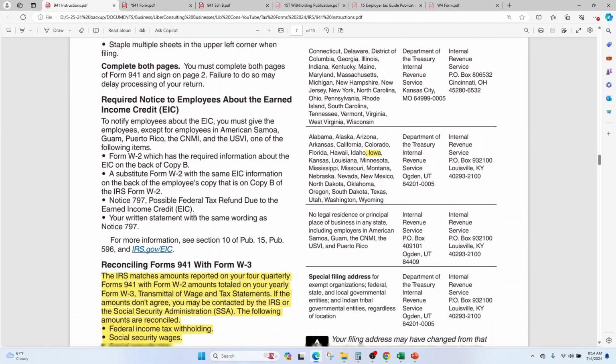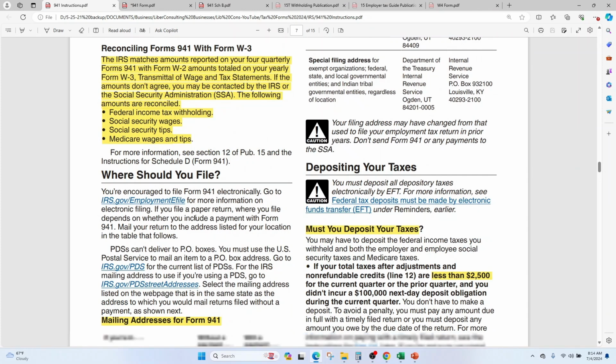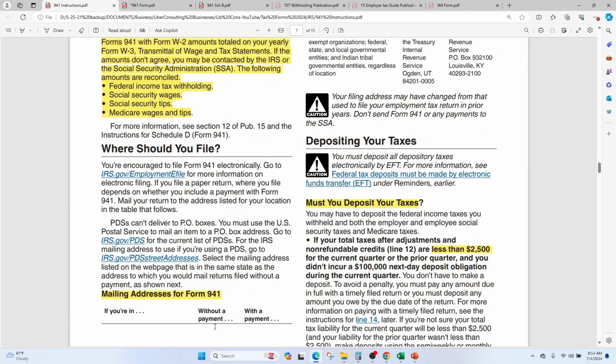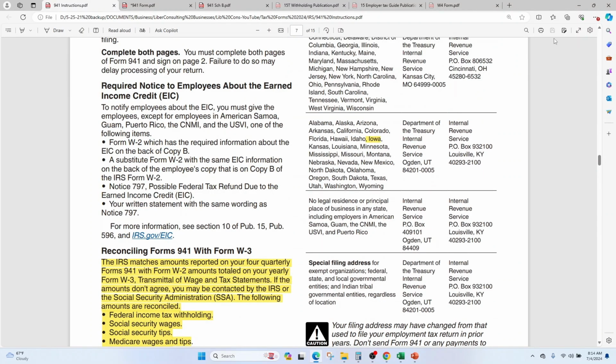And we are coming close to the without a payment address that corresponds to the state your business is located in.